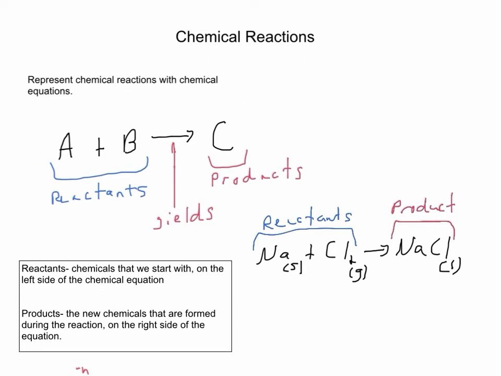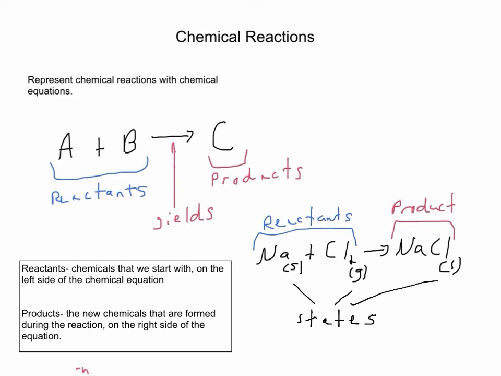On the bottom, these letters that I added in parentheses, these are actually states, meaning solid, liquid, gas, etc. So I have to put states in because the states tell me what type of compound I'm using.